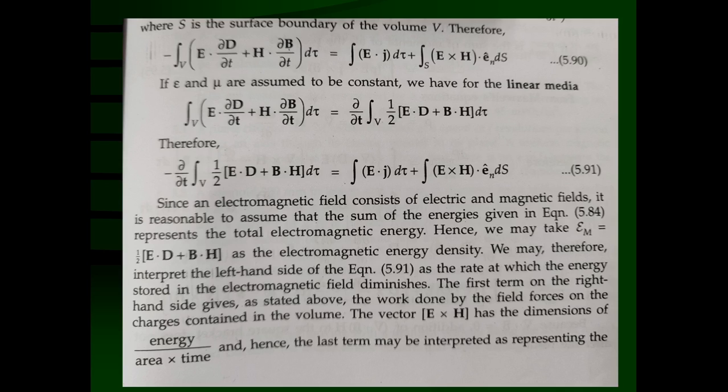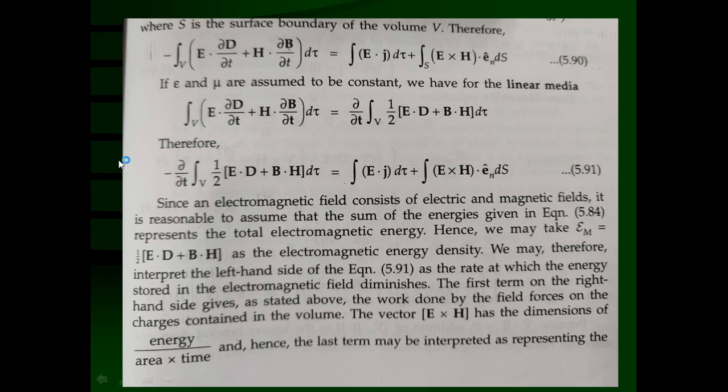So in electromagnetic field energy, there is electric field energy as well as magnetic field energy. So we can say that this expression is nothing but the total electromagnetic energy. So the volume integration of one half E dot D plus B dot H d tau is nothing but the total electromagnetic energy because of the electric and magnetic fields.